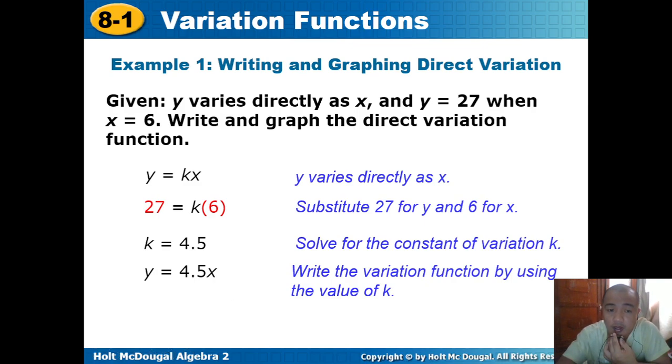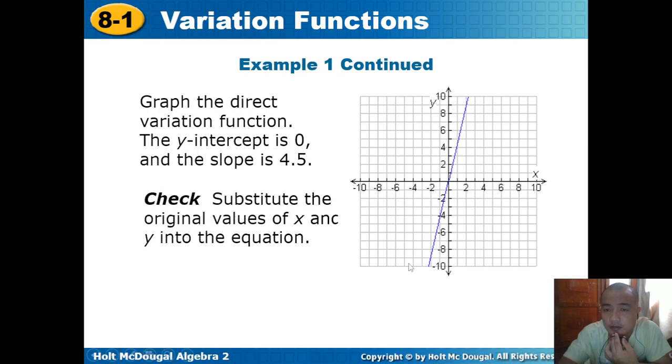And 4.5, the constant of variation, is also equal to the slope. That's equivalent to 9 halves: rise 9, run 2 to the right. From 0, count 1, 2, 3, 4, 5, 6, 7, 8, 9, then 1, 2 to the right. So that means the slope is 4.5.